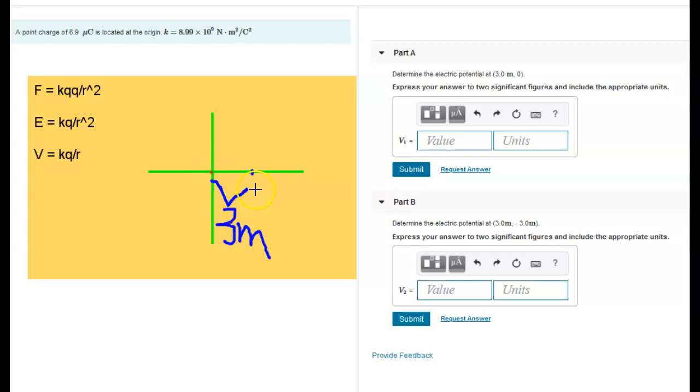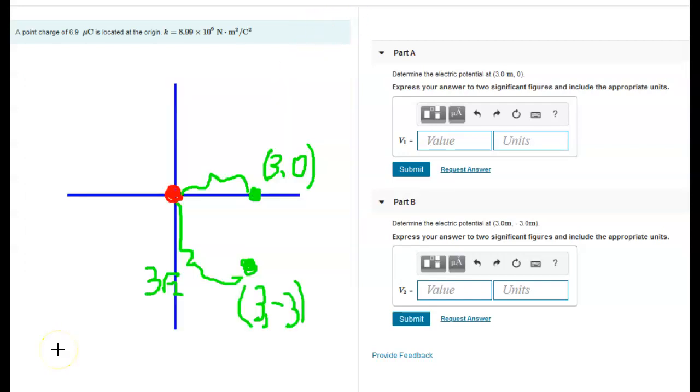On the other hand, if my location is at (3, -3), then I am going to have to use a little bit of trigonometry.